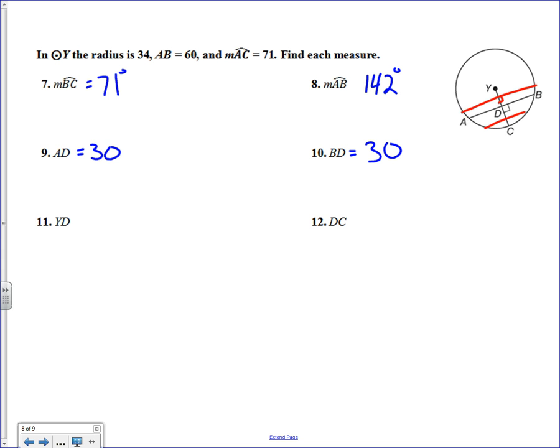Or this chord could be perpendicular, but if it were drawn this way, I don't think you would make the assumption that this chord is bisecting YC, right? But again, there's no other information given than what it's giving here. So basically, we should be thinking about those two chords the same way.